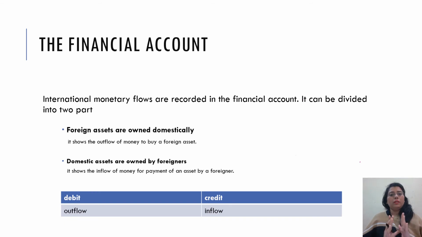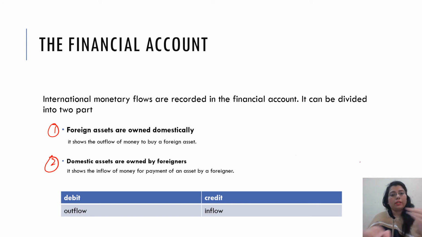Now, the third account of balance of payment is the financial account. All the international monetary flows will be recorded in the financial account. We can divide the financial account into two types. One is foreign assets owned domestically. The other is domestic assets owned by foreigners.